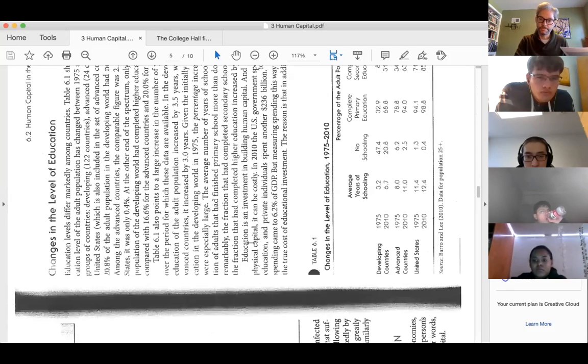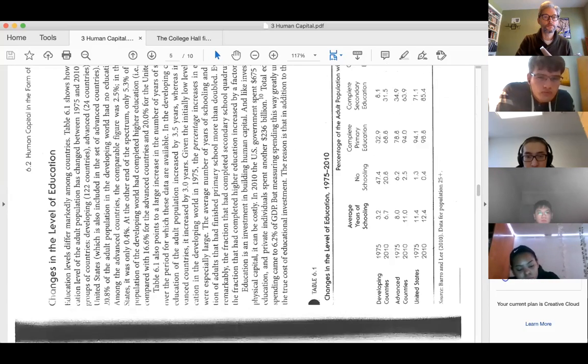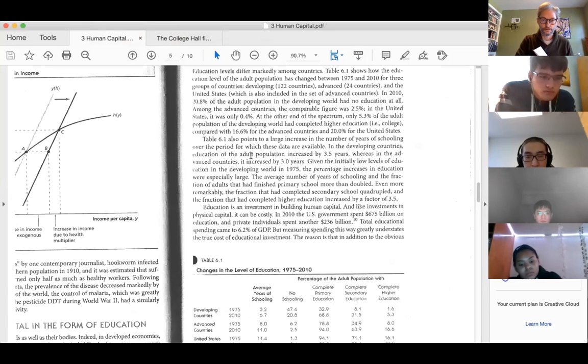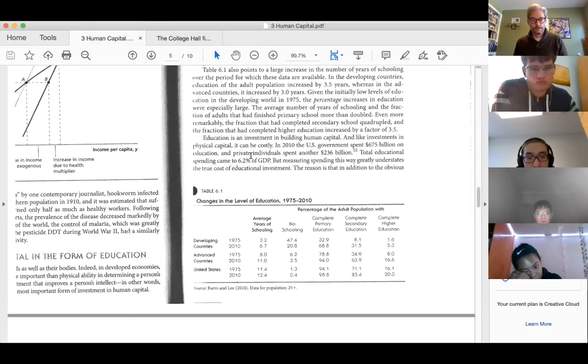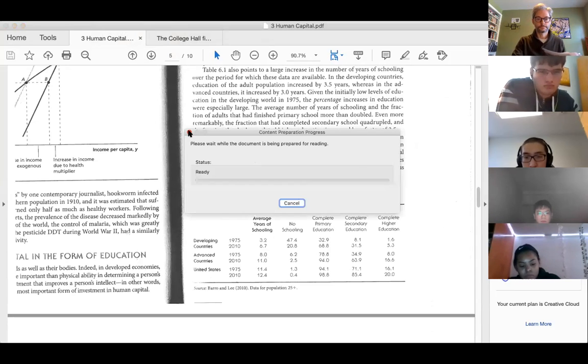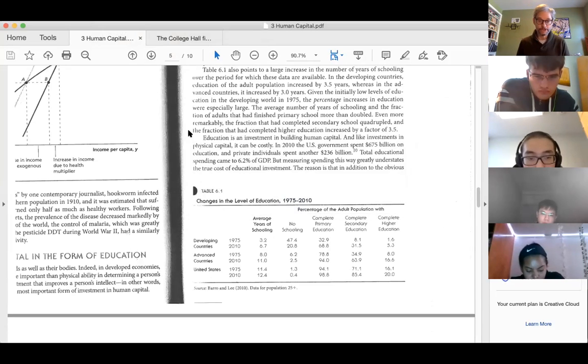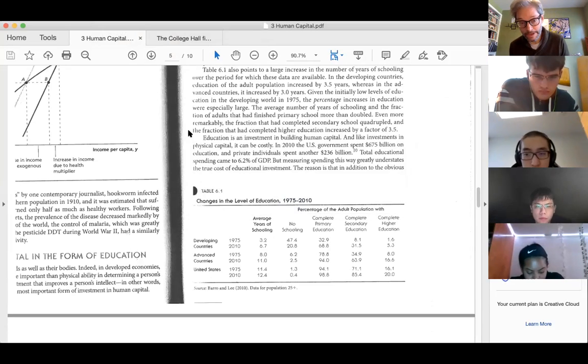Sorry, skipping through some things. So here, just to reemphasize what I said before, you can see some of the dramatic increases in the years of schooling across developing countries, and it's also happened in advanced countries, including the United States.